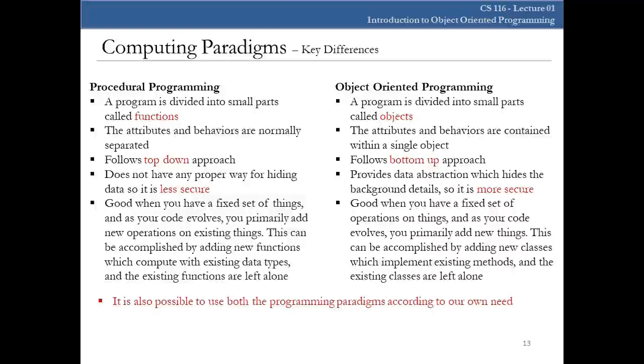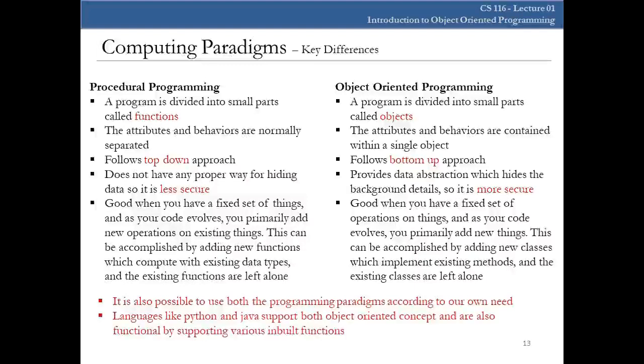It depends on you. Part of your application can be procedural and part of it can have objects, or you can define objects also in the same application, right? And these languages which we said are object oriented languages, they can be used to write procedural code as well. The special thing about these languages is that they have support for those special object oriented structures, which procedural languages do not have.